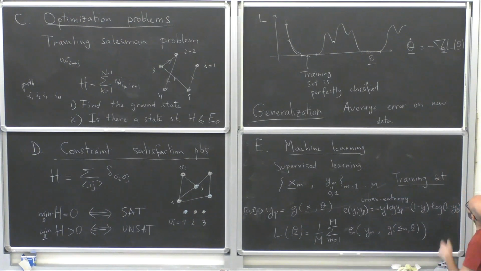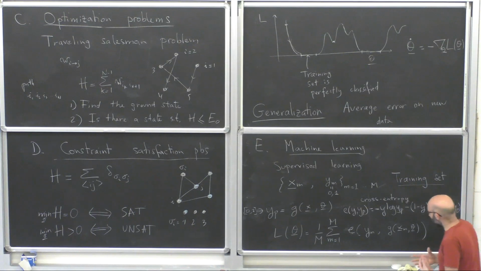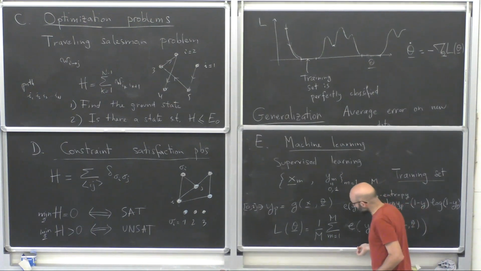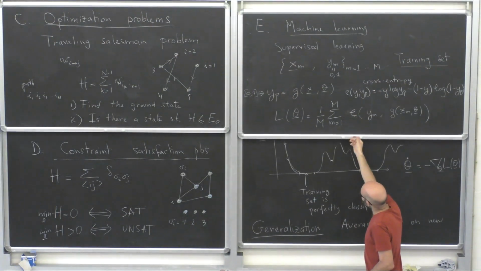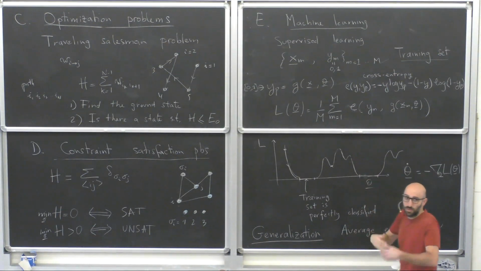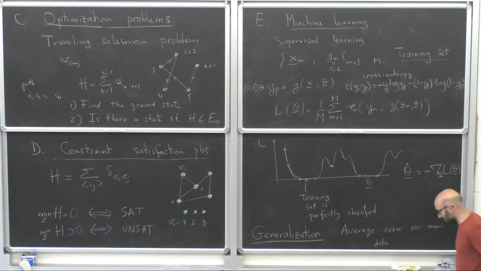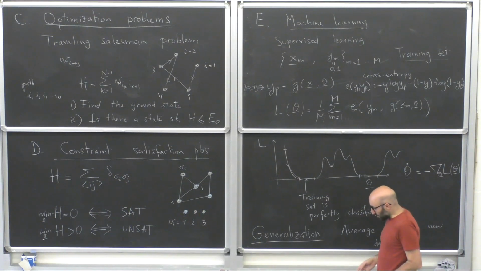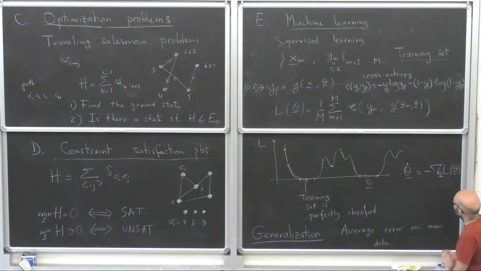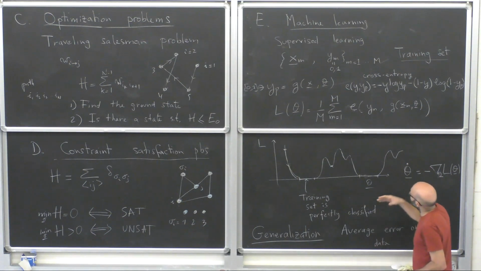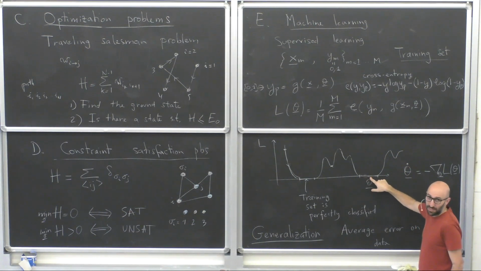These days there is a big discussion on this. What is quite clear is that these new machines, these deep networks that work well in doing many tasks, typically work in a regime where they can reach these flat regions.